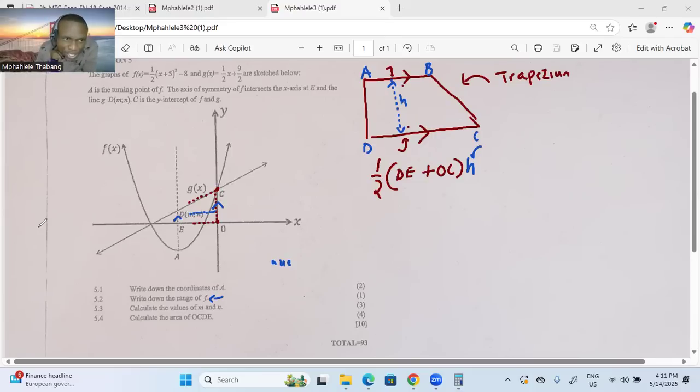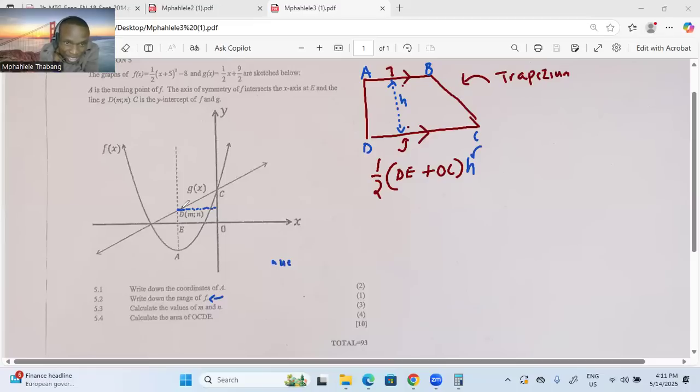Let me see, how can I find this area without using the formula of a trapezium? Let's say I'm in an exam and I forgot the formula. What can I do? I can see two shapes in this OCDE.